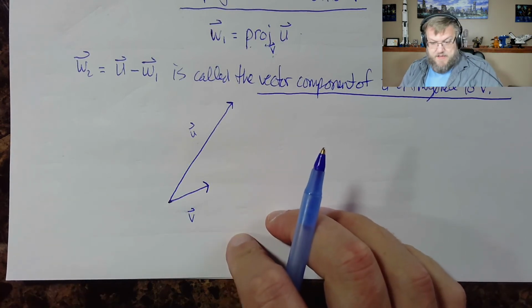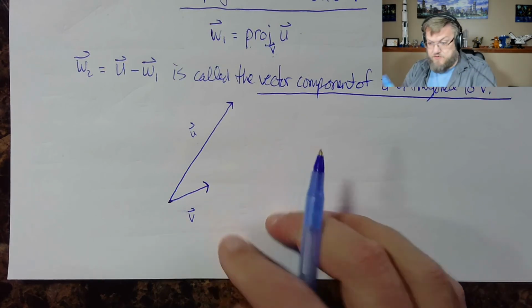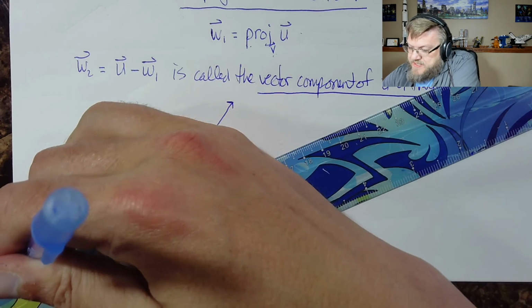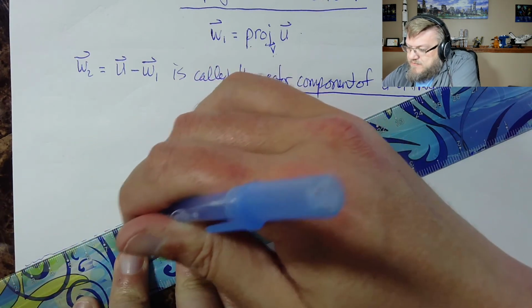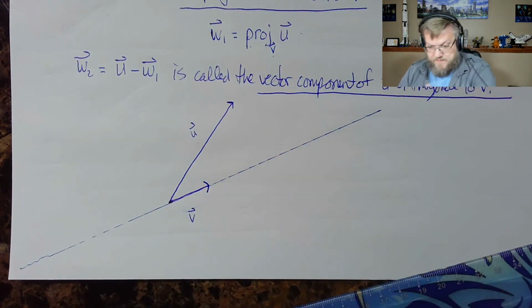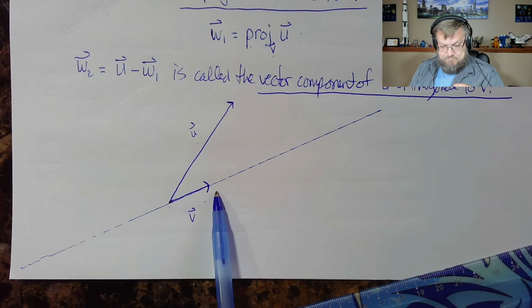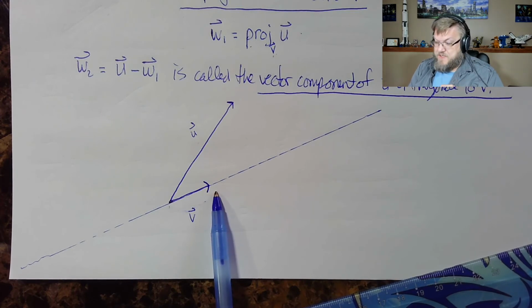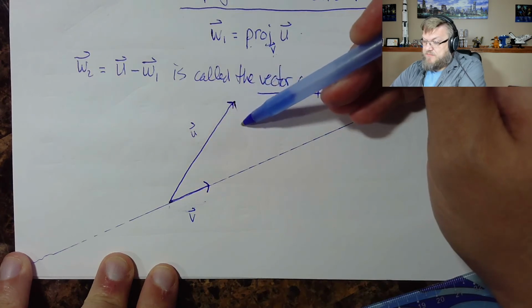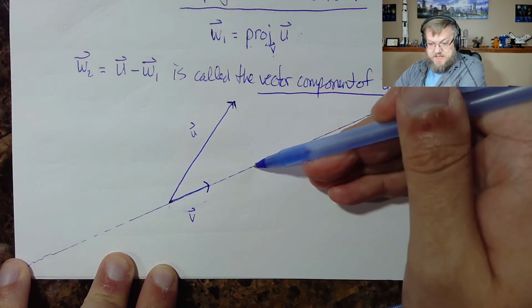Imagine v extended on the line that it goes through. If I thought of vector v as pointing this way, there is an imaginary line that v lies on. Now, all I have to do is break u down into a vertical component relative to that line and a horizontal component to that line.